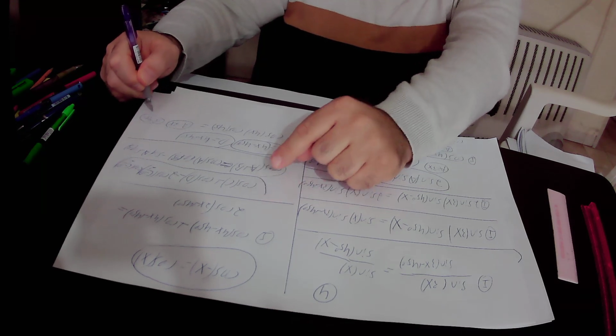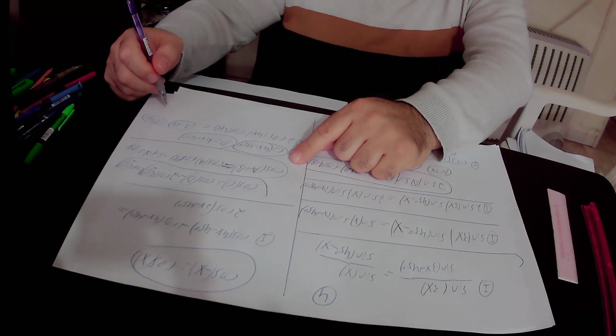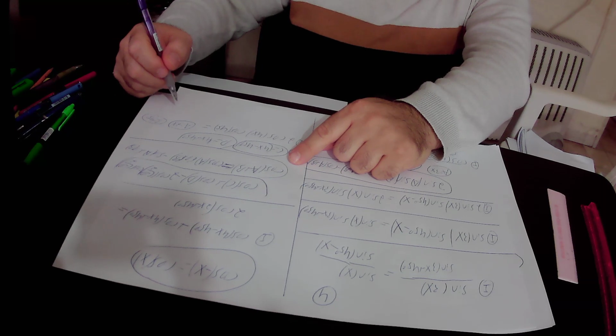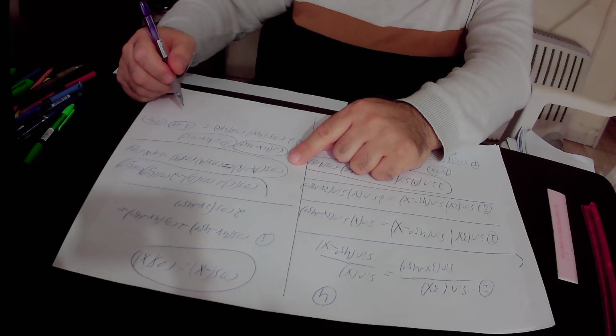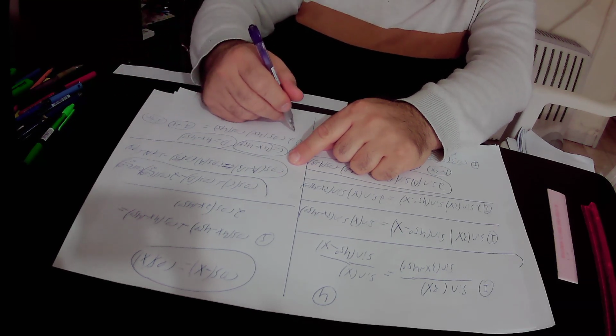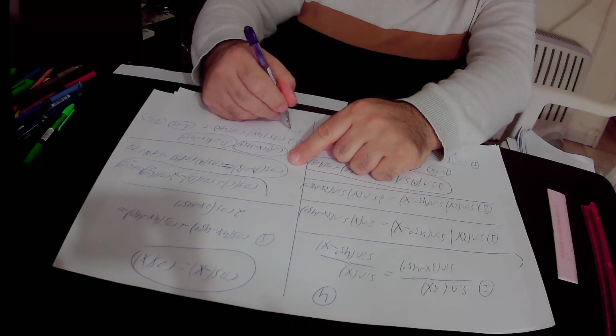Therefore, cosine A plus B is cosine A cosine B, that is to say cosine A is cosine 2x because A equals 2x.